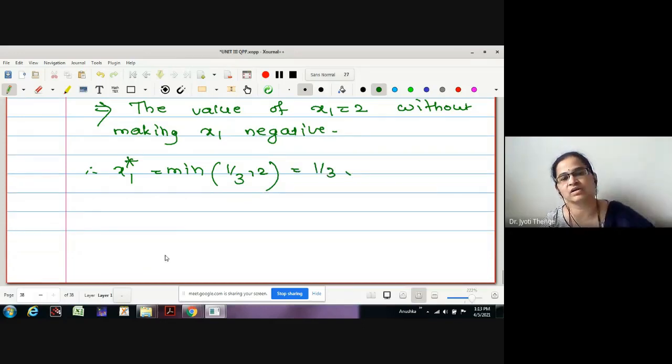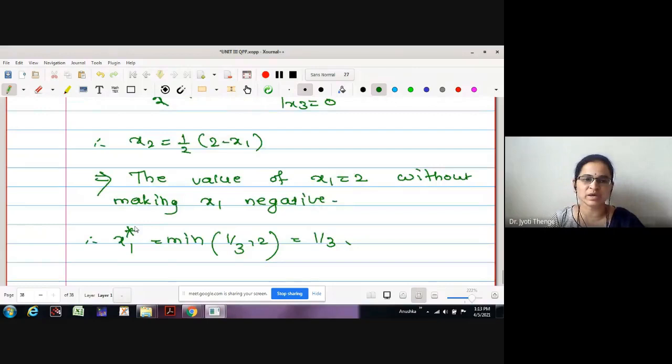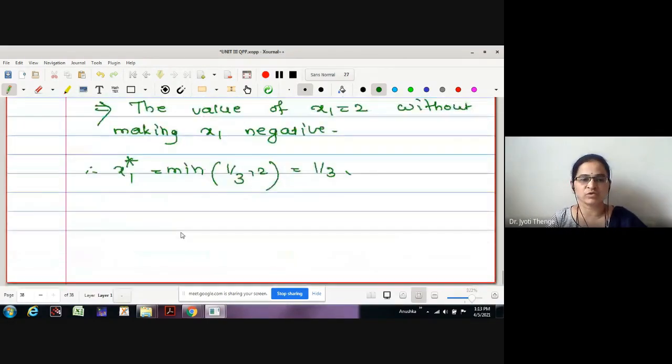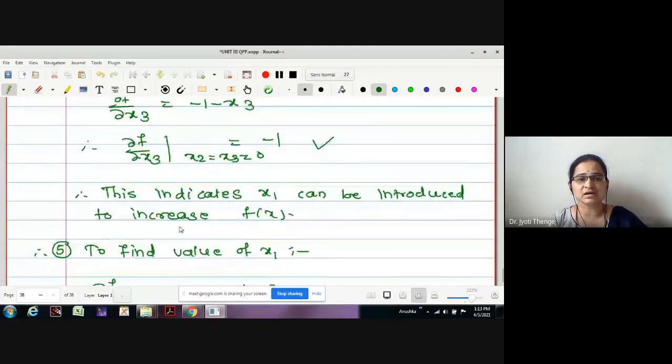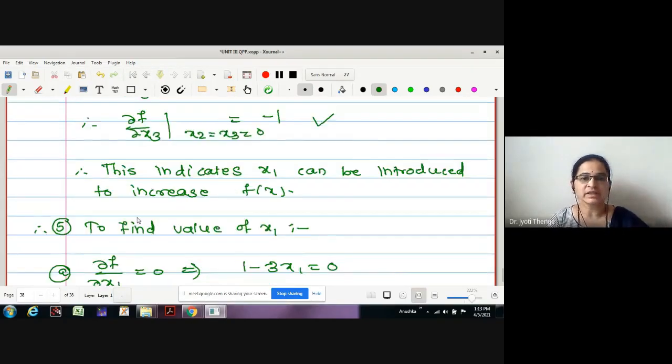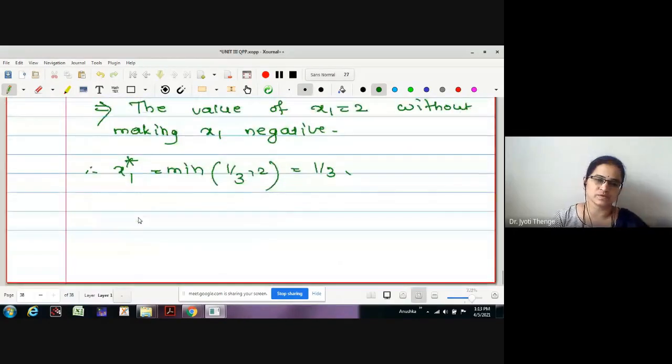Now x2 we have introduced in the basic, found the value in the previous equation. Then x1 we have introduced, found the value of x1. What about x3? Third variable remains. But if you observe, dou f by dou x3 is negative, therefore increment in x3 will not give us any increment in f. Therefore here we will stop the process.